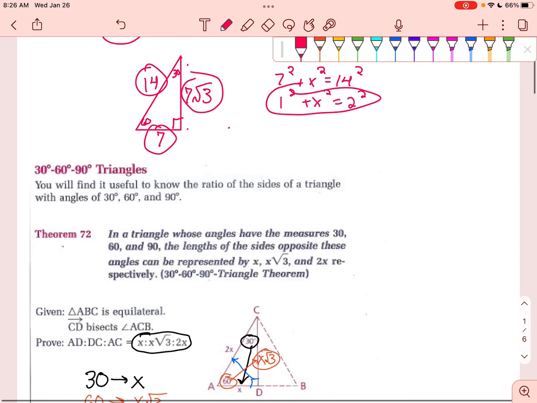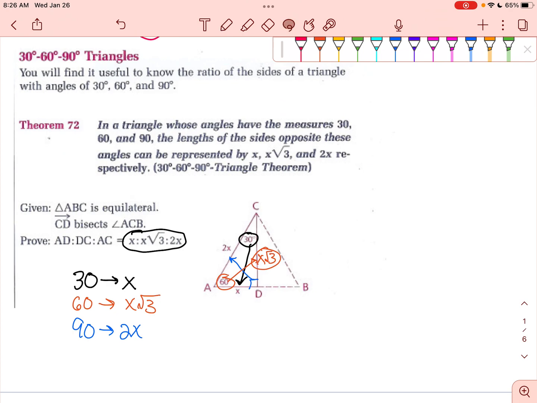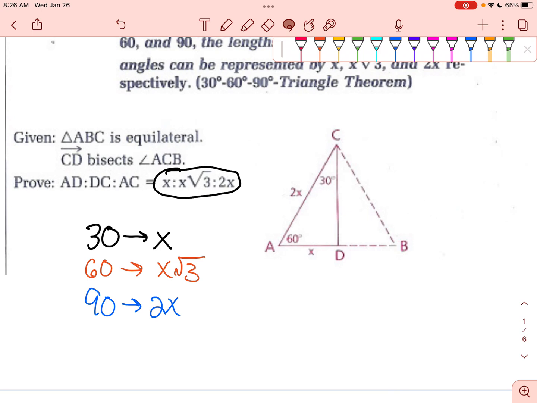So what we do then is simplify this down, and I'll show you again. The side that is across from the 30 degrees, we just name that x. Because that's x, and if you folded it, that would also be x, making each of the sides 2x.